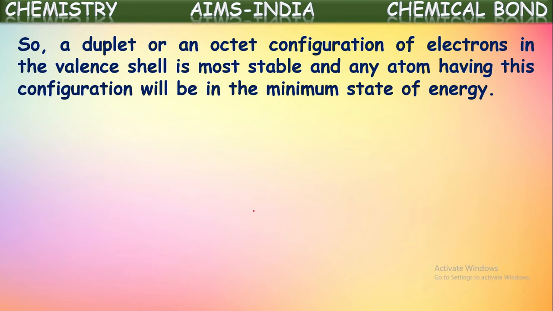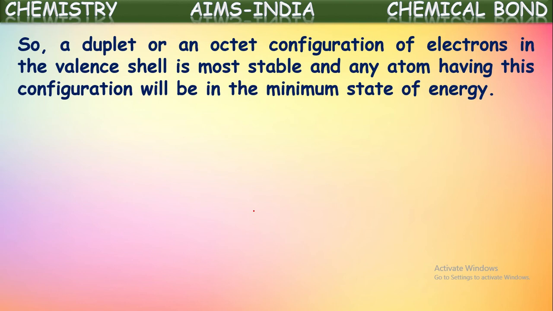A duplet or an octet configuration of electrons in the valence shell is most stable, and any atom having this configuration will be in the minimum state of energy or maximum state of stability. We can understand one thing here: energy and stability are quite opposite.